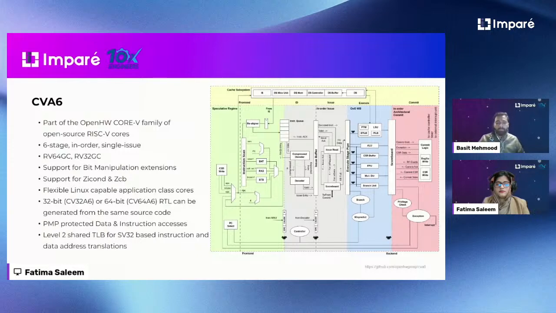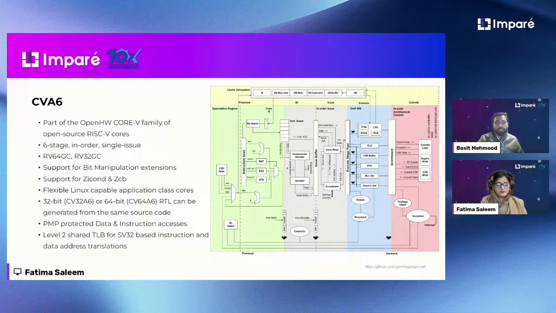CVA6 goes a step further by supporting Zcb and other compressed extensions, contributing to its versatility in handling complex instructions and enhancing its compatibility with a diverse set of applications. Designed as a flexible Linux-capable application class core, the CVA6 is well suited for a variety of applications ranging from embedded systems to more complex computing environments.